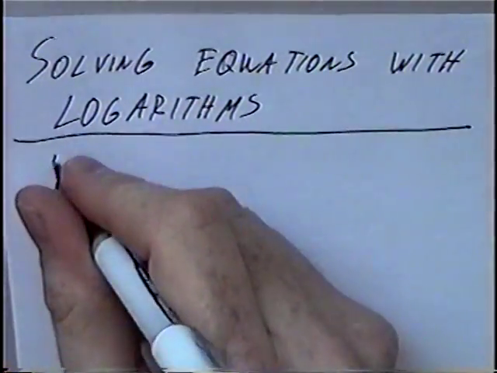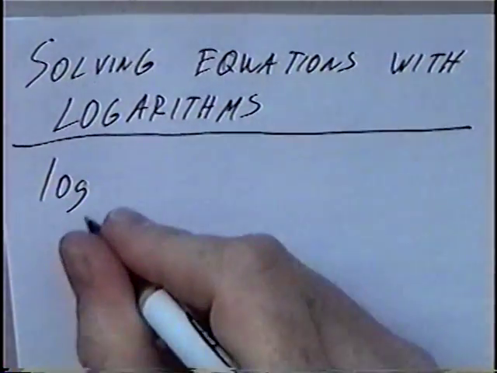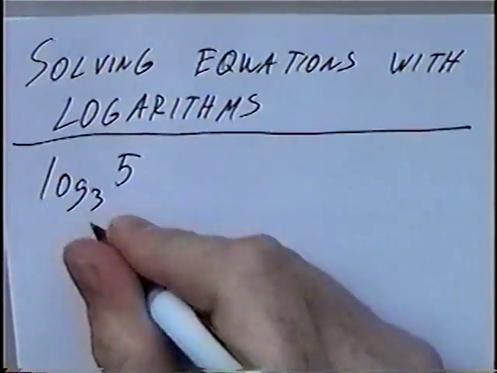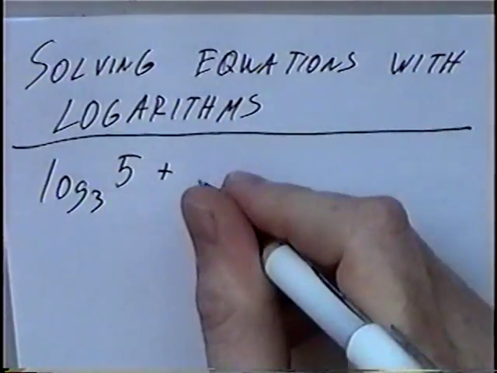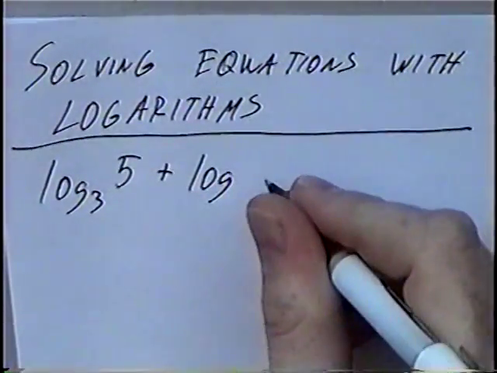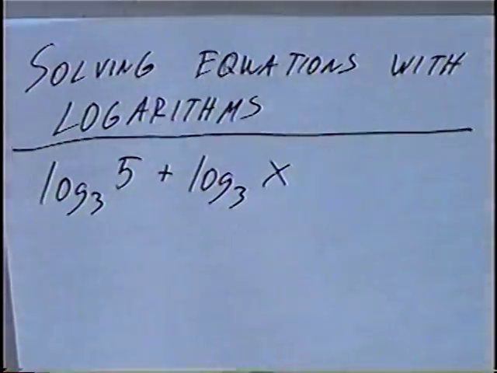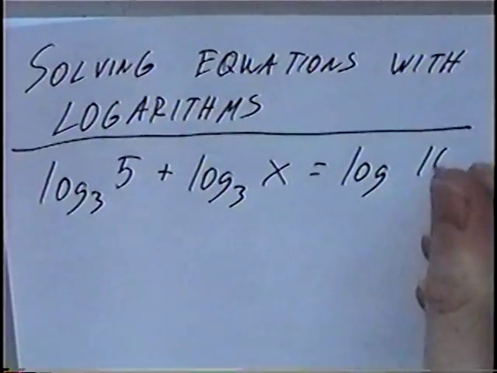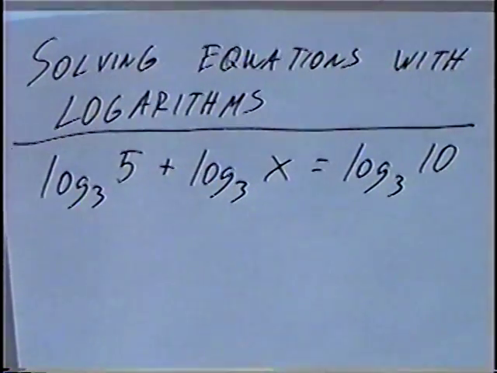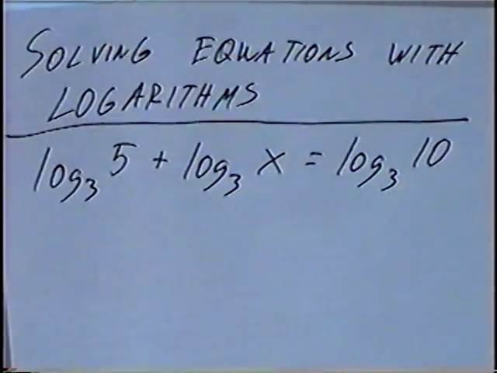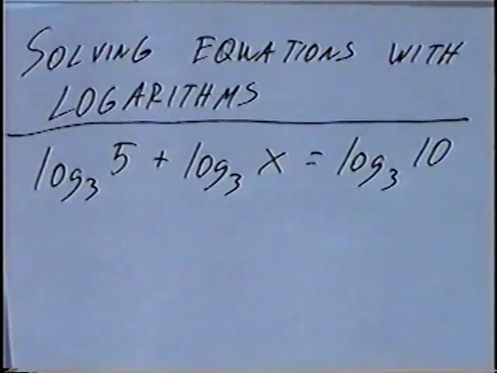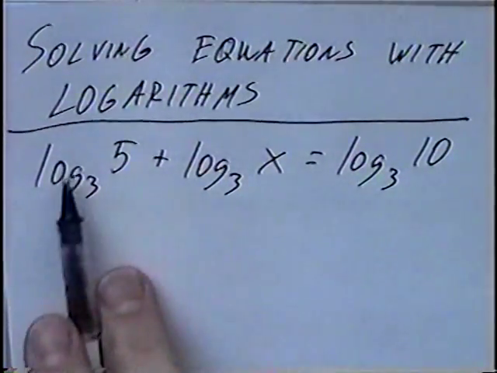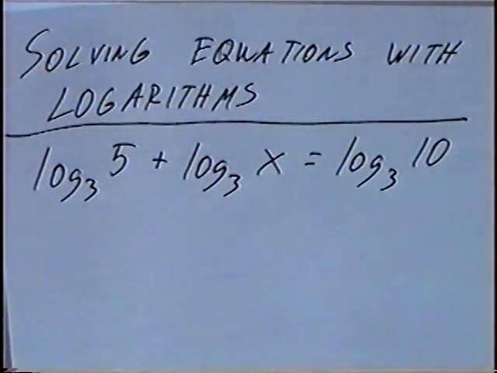First question we'll solve is log 5 base 3 plus log x base 3 equals log 10 base 3. To solve questions that contain multiple logarithms, using the properties, we can combine these into one logarithm.